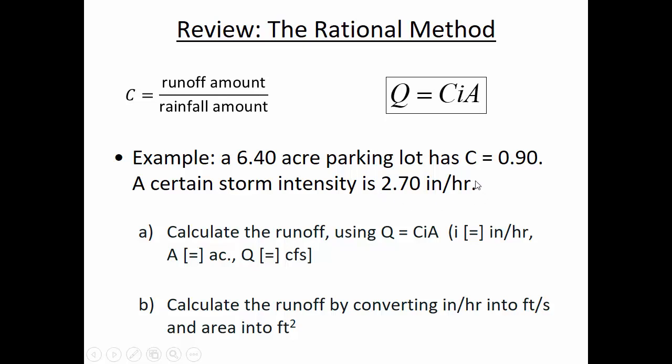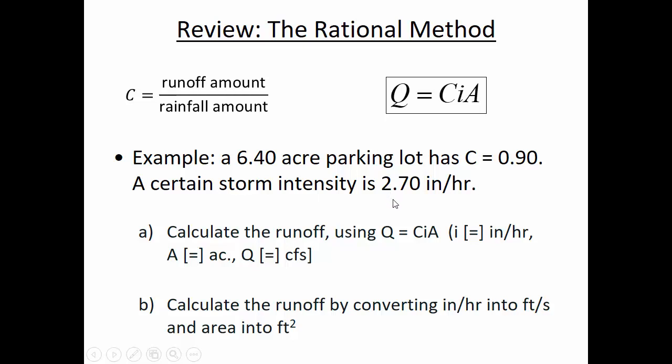In the real world, as you learned from the homework, you'd estimate the time of concentration, and then you'd use the applicable time of concentration off of the intensity, duration, frequency curve to figure out which rainfall intensity applies. Let's say that I already did that for you.